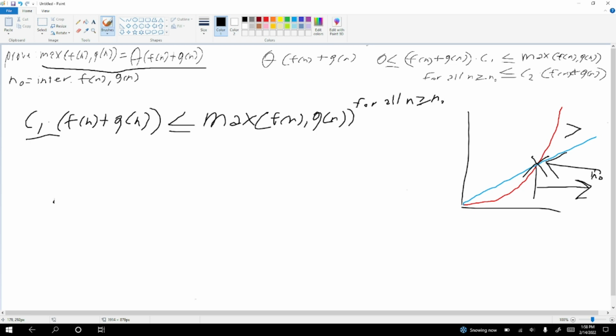So we know, since we picked a useful n0, that for all n greater than or equal to n0, f of n, right here, is greater than or equal to our g of n, right here. We know that that's true, which means that our max function equals f of n for all n greater than or equal to n0.